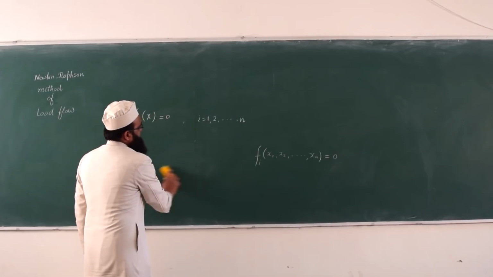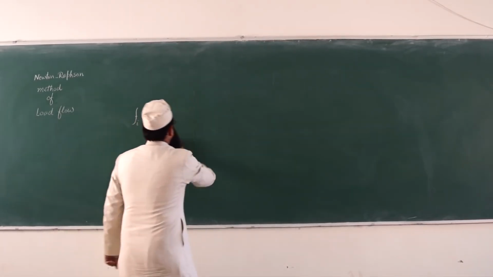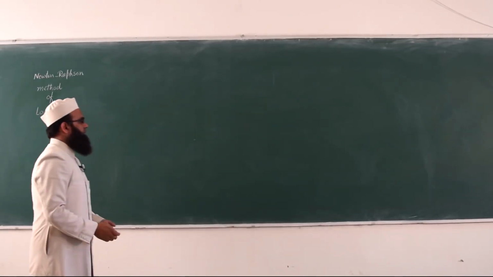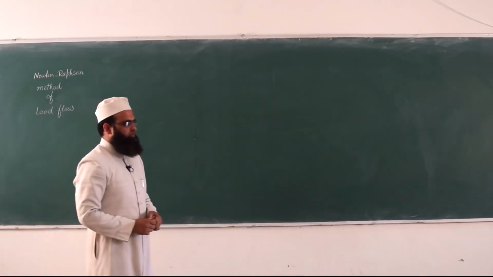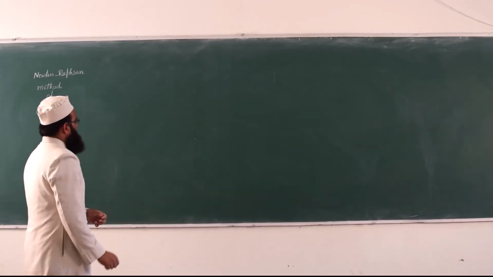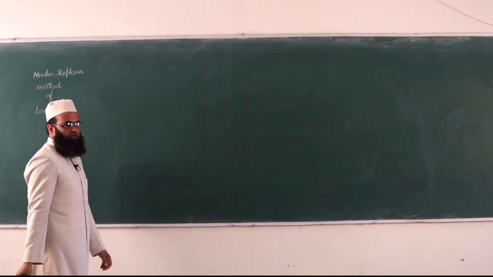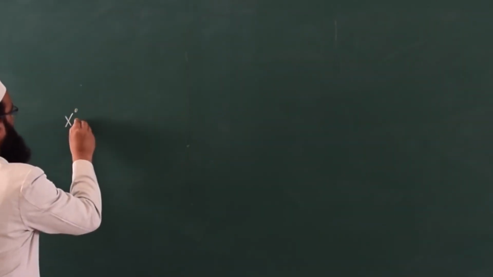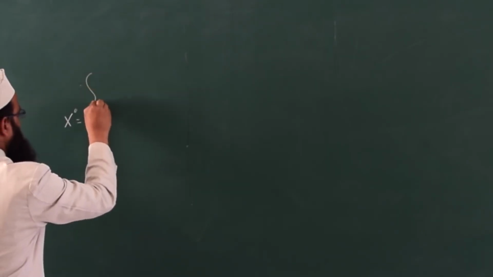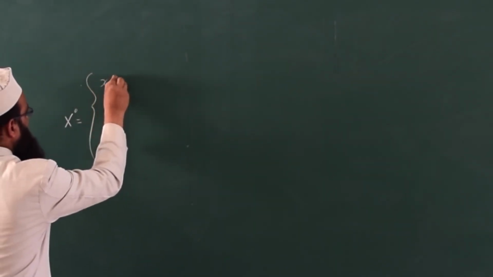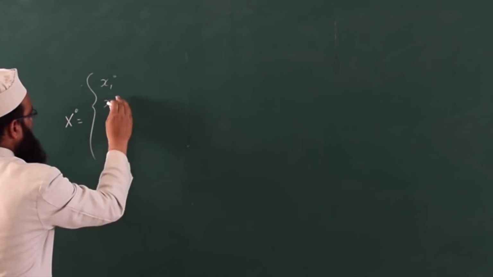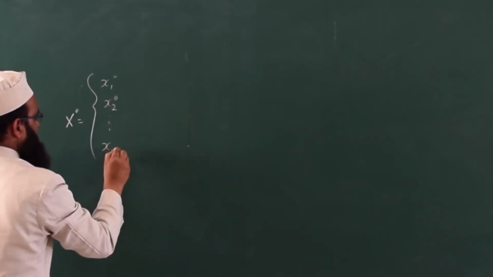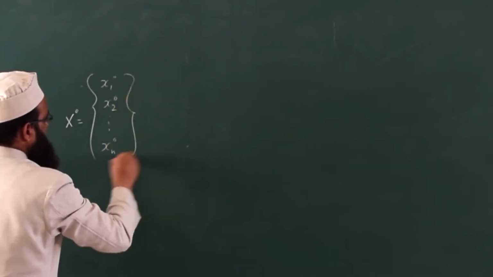We have our unknowns as x1, x2, x3, xn. We want to get the solution of these variables. Suppose the initial guess for the variables is given by x0, that is nothing but x1 0, x2 0, xn 0, the initial guess.